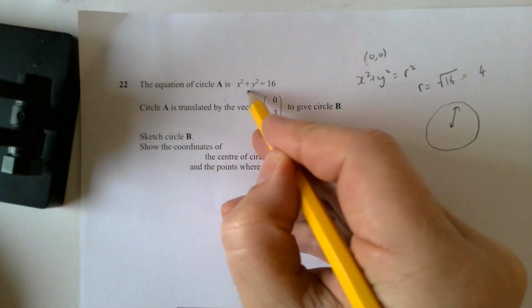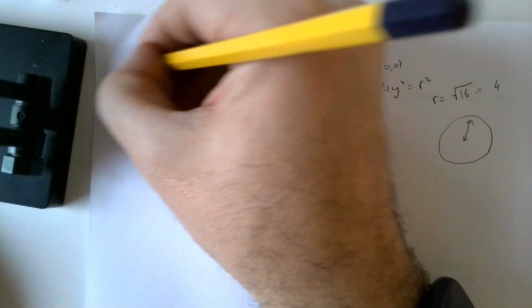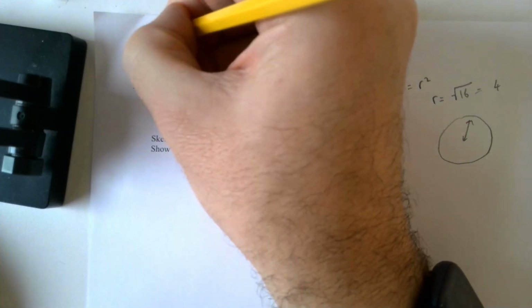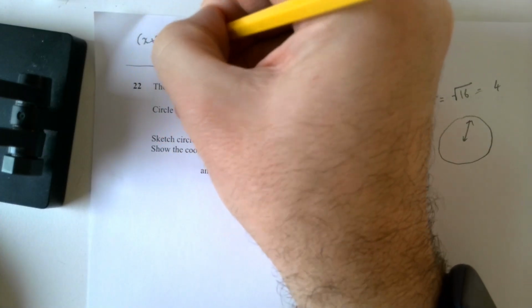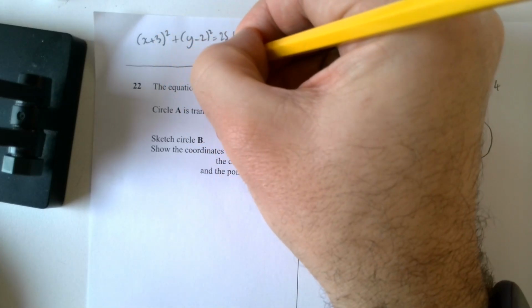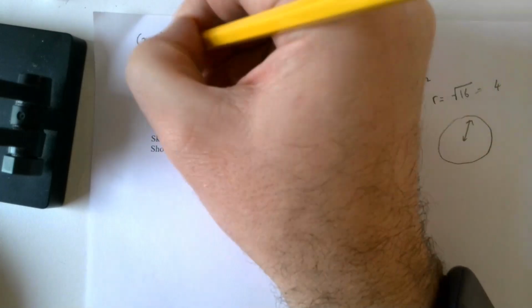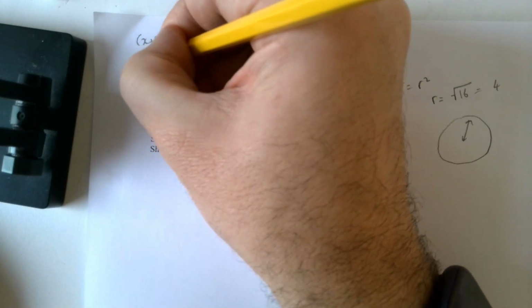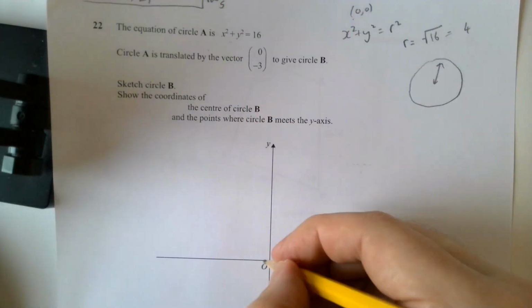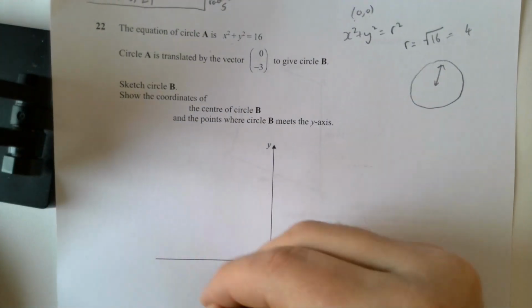If, for example, for the top kids, I had x plus 3 squared plus y minus 2 squared equals 25, I know that my radius would be 5, and I know that my centre would be negative 3, 2. But we don't need that for this question. So I know that my centre was 0, 0, and it had a radius of 4.